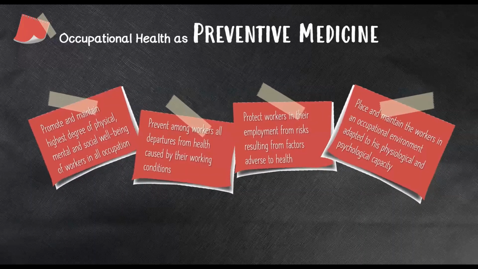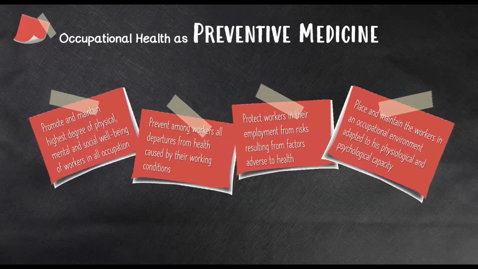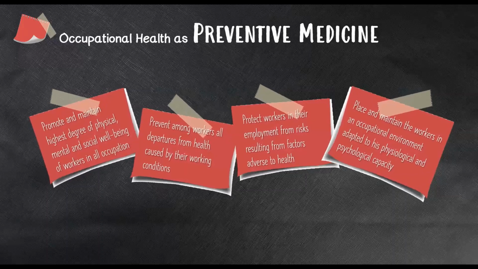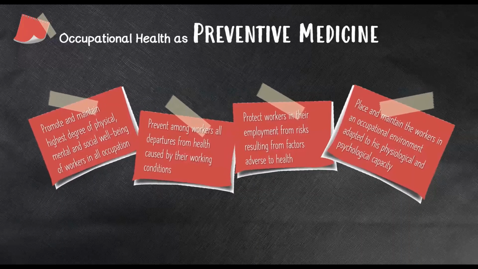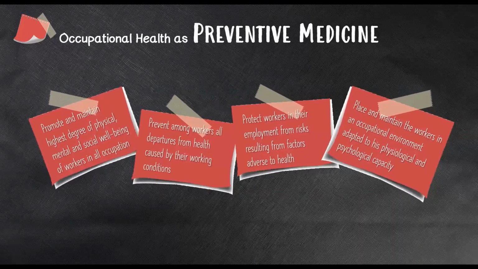And if that is the case, that is an added burden to the company. But above all, class, when we uphold occupational health, it means that the lives of the workers are valued by the employers. After all, we must value life more than the profit of the company.